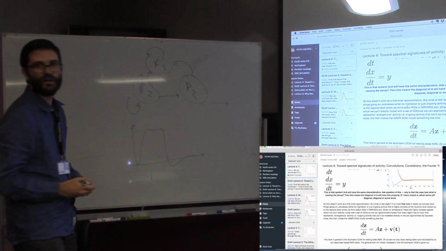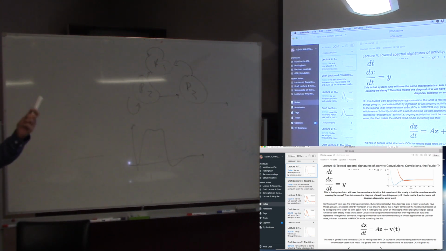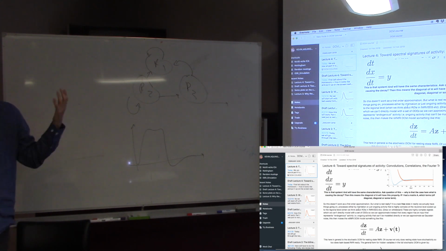So we have this ongoing activity which we can't actually model. It's so complex. You have this stuff happening on the neural level. You have temperature causing fluctuations in firing rate, fluctuations in membrane potential which causes fluctuations in firing rate. So we can't actually model that explicitly. They call it high dimensional.